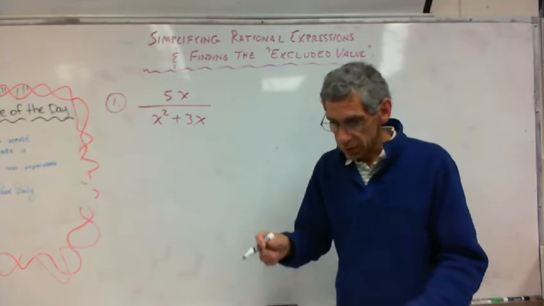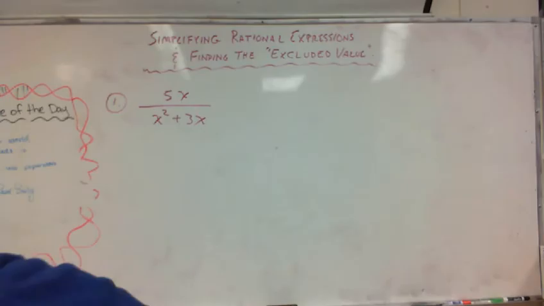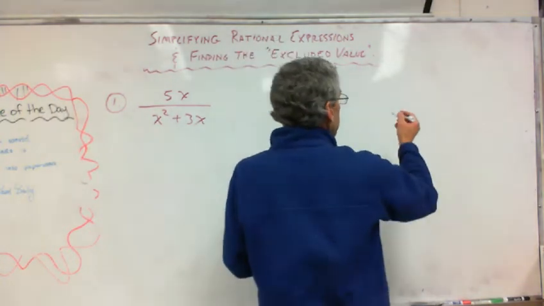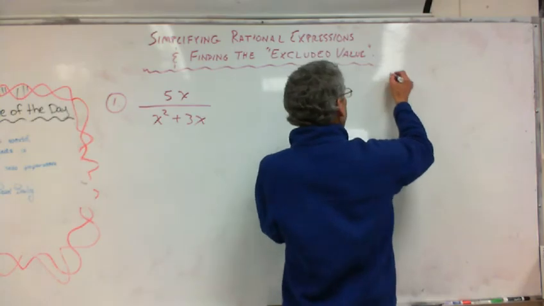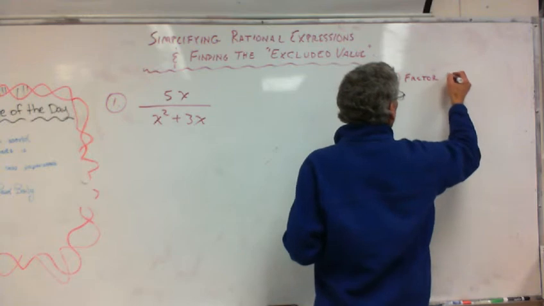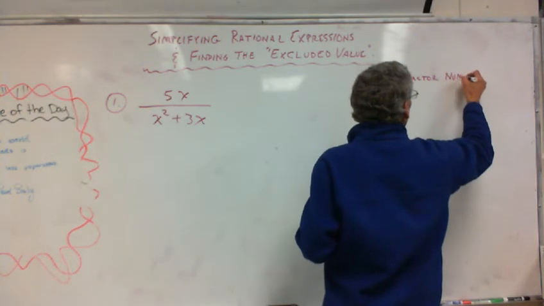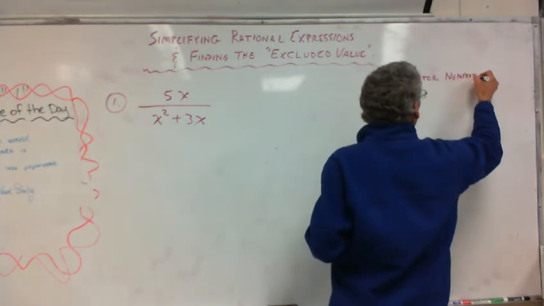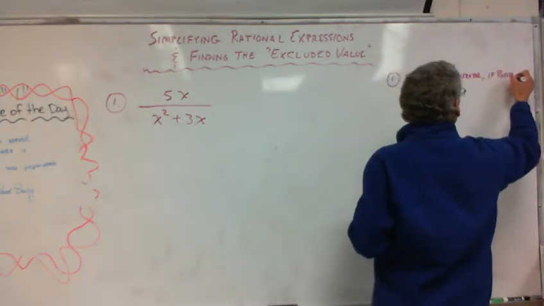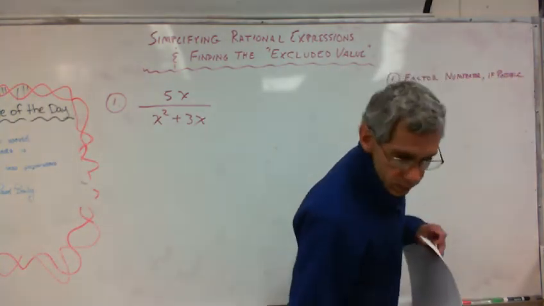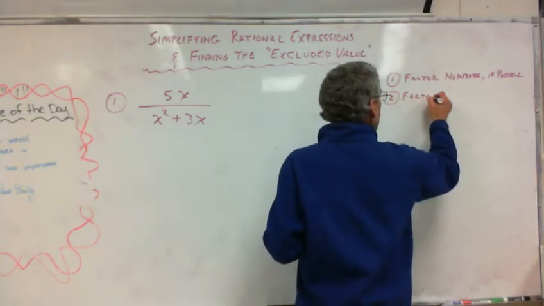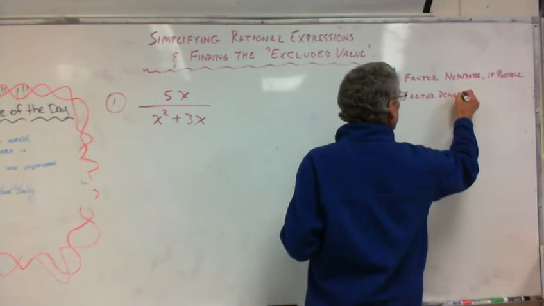Okay, so the rule of thumb, I have this little cheat sheet here. Basically, this is what I'm going to suggest you do. Number one, factor the numerator if possible. Number two, factor the denominator if possible.